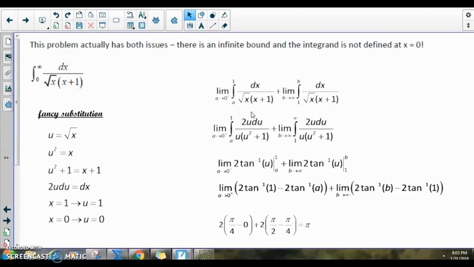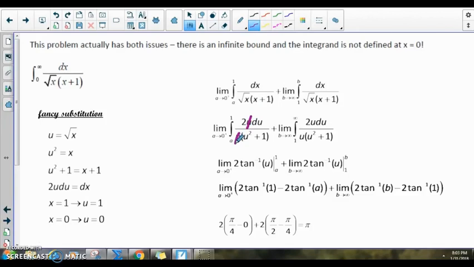So I added 1 to both sides. So u squared plus 1 is this piece, and then took the derivative from here so I don't have weird square roots with negatives and whatnot going on. So I can now rewrite each of the integrals as 2u du over u times u squared plus 1. And then what's really nice with this is the u's will cancel here and here.